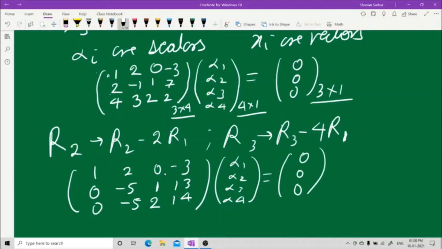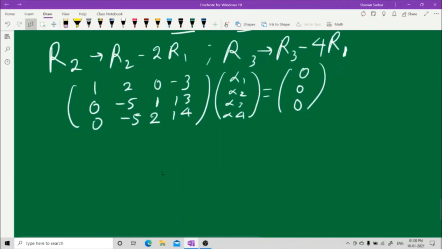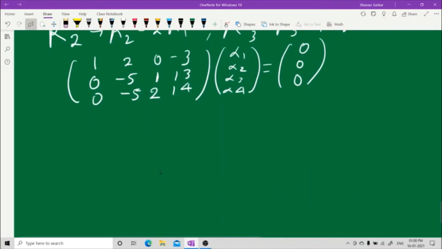Now, the next operation: R3 is R3 minus R2. You have to make this 0. So, let me rub it.